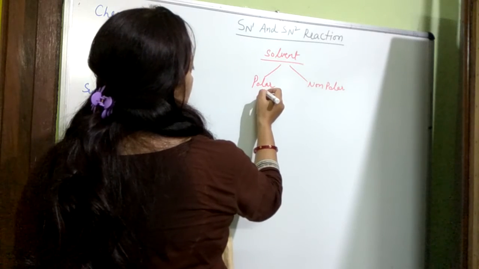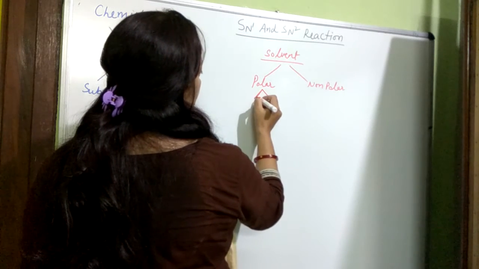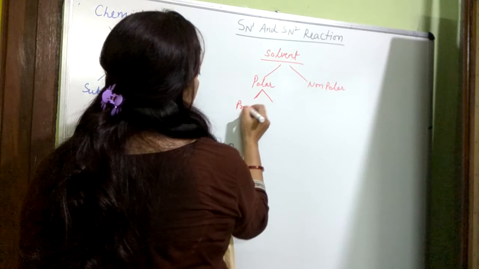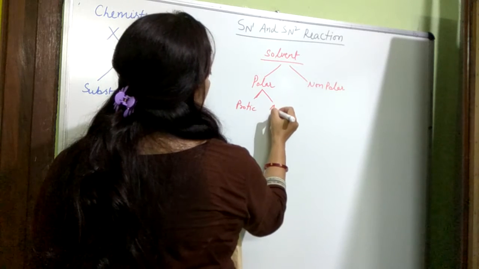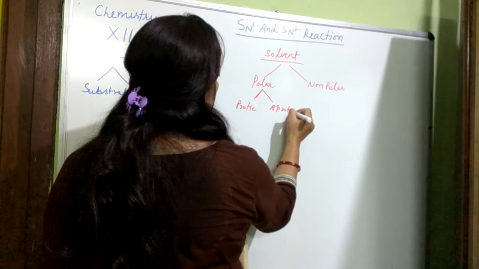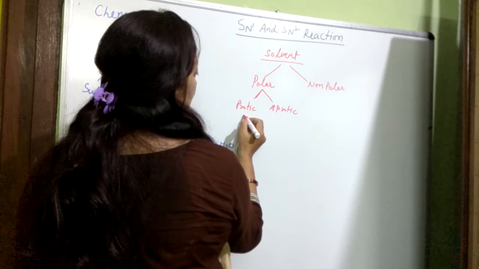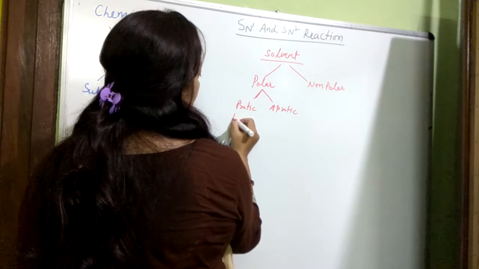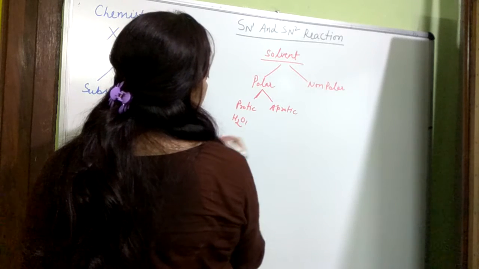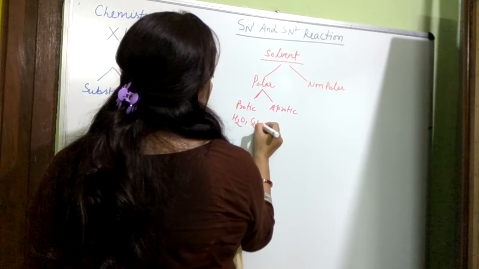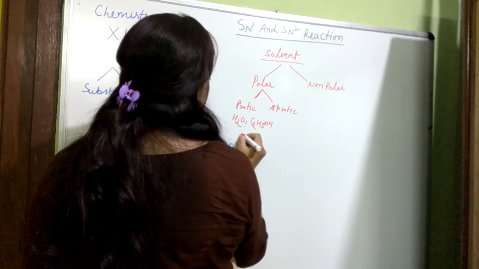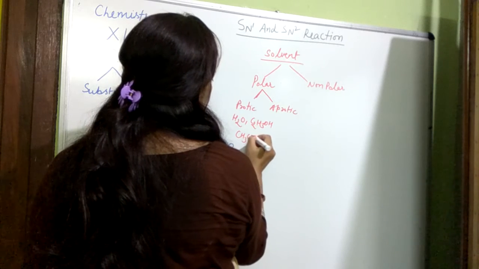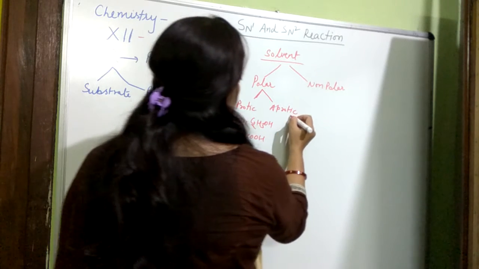Polar solvent is of two types, protic or aprotic. Protic means which release H ions like H2O, C2H5OH, CH3COOH, etc.